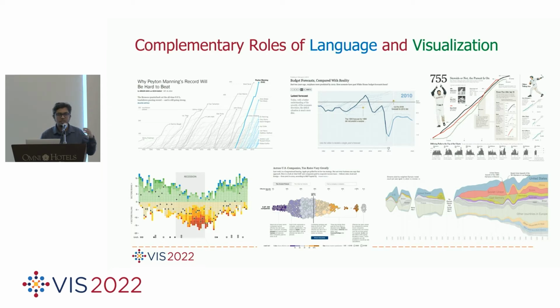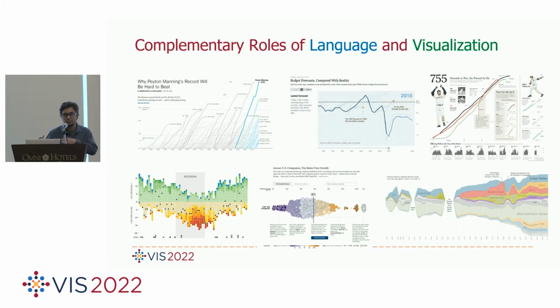Here you can see some sample charts from various news sites like New York Times and Wall Street Journal. Each of these charts is trying to communicate some interesting patterns, trends, and outliers. But what we can also see is that each of these stories is also accompanied with text. And those textual data can further explain the insights from those charts. And that's how language and visualization can complement each other.